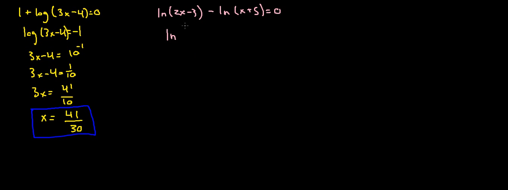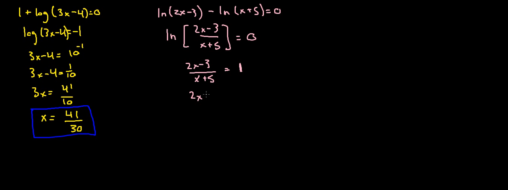Man, I hate writing ugly letters. Zero. Now I can convert this from logarithmic form back to exponential form. And this is base e. E to the 0 is 1.